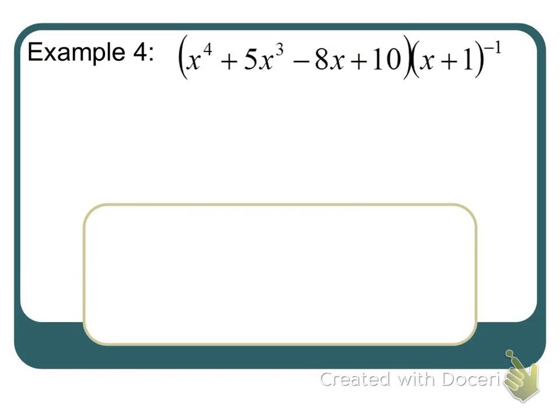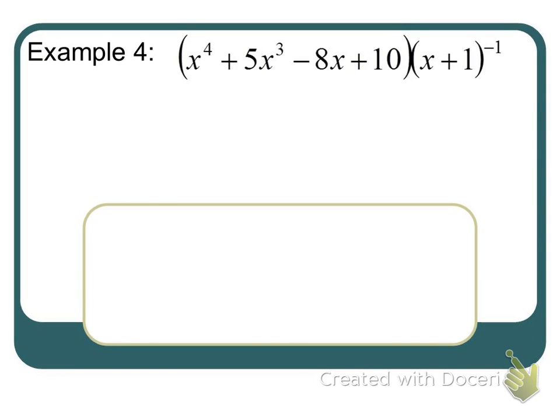All right? Write this one down. So this is x to the fourth plus 5x cubed minus 8x plus 10 divided by x plus 1. All right? I don't want to do that.